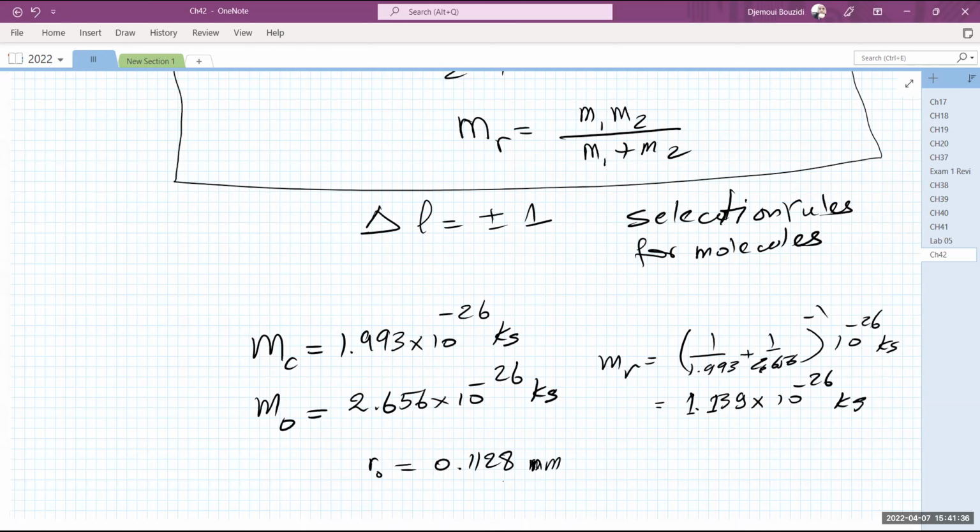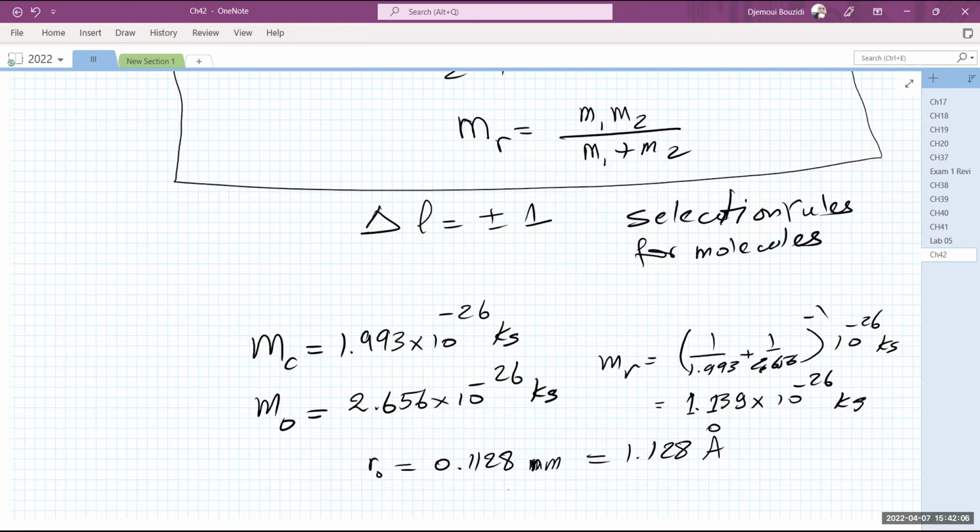There is actually an overlap of the outside wave functions. And that's how the bonding happens between them. So the separation between them is 1.128 angstrom. So this number is very important to remember, the sizes we're talking about. They're extremely small.